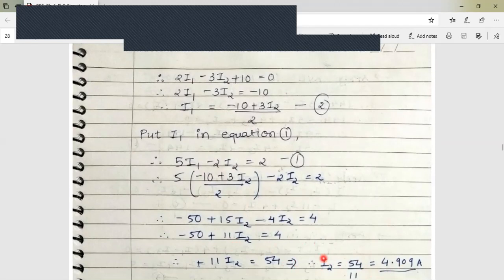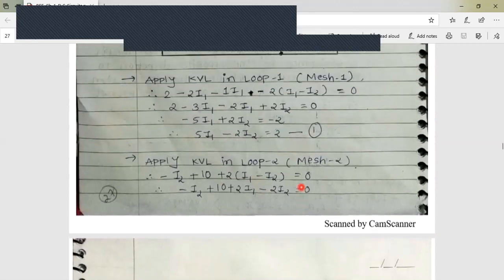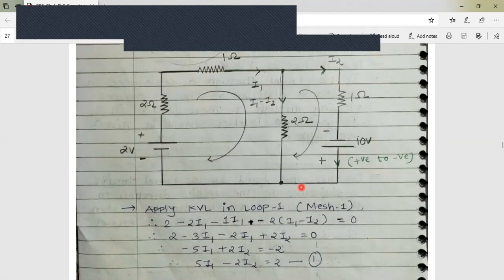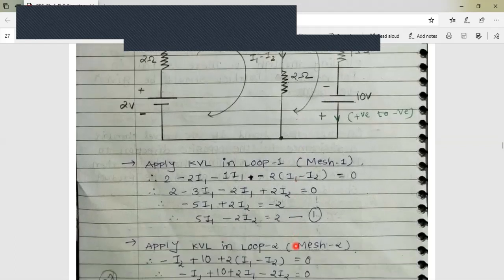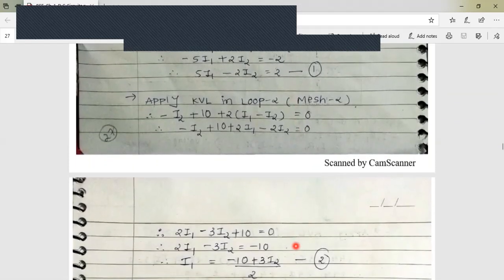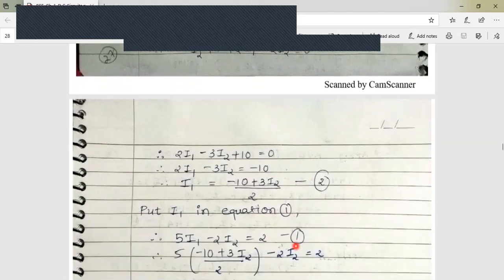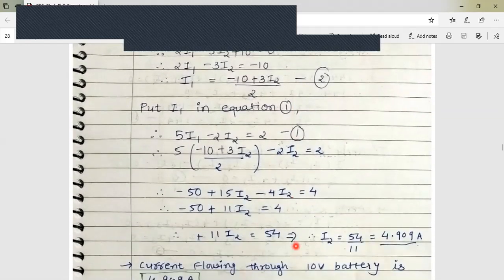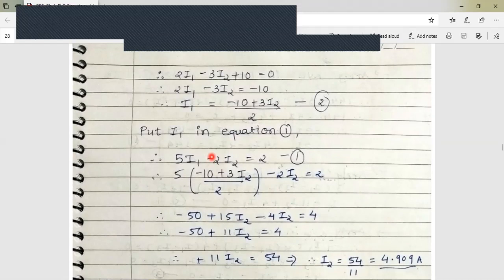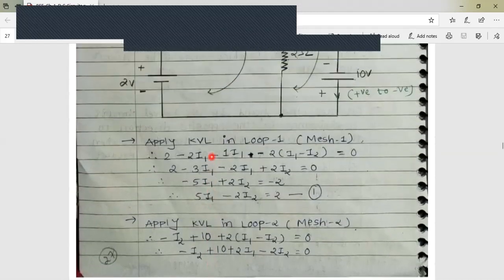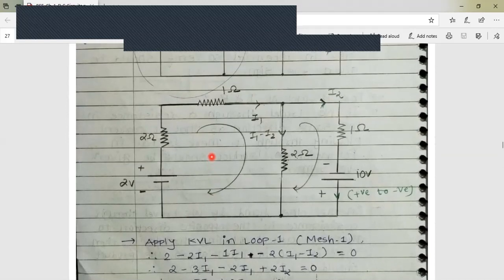So this is the value of current I2. But see in the figure what we have to find: the current through the 10 volt battery. So this is I2, and I2 equals 4.909. Kirchhoff's voltage law is very important to solve any DC circuit.